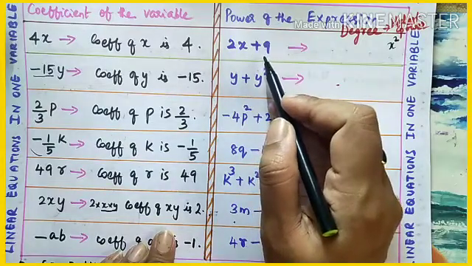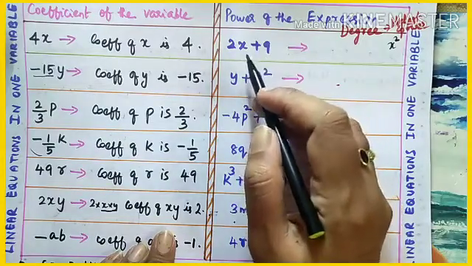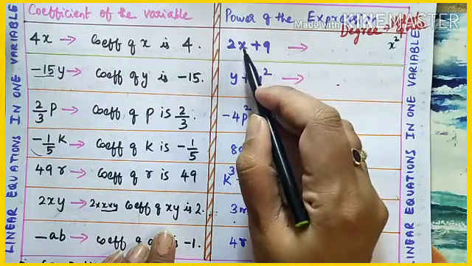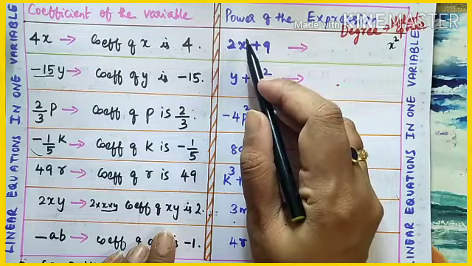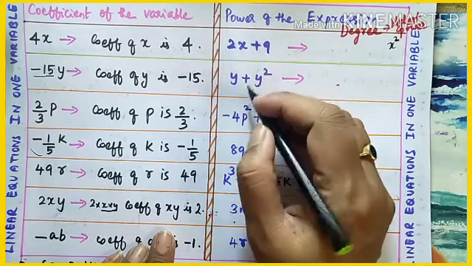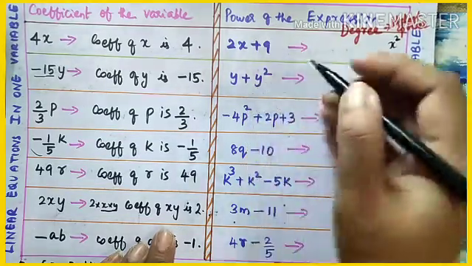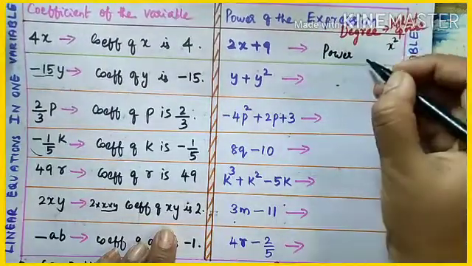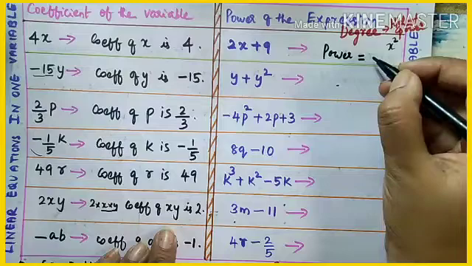So how to find out the power? You want to look at the power of the variable. So here x is the variable and on top of x there is no number. No number means you want to take the power as 1. So here the power of this expression is 1.